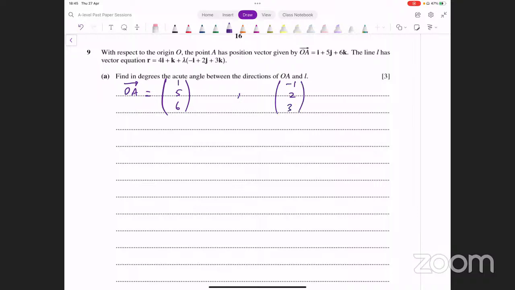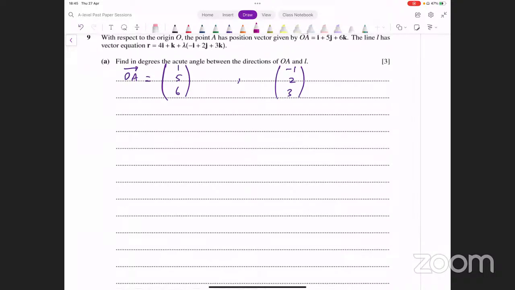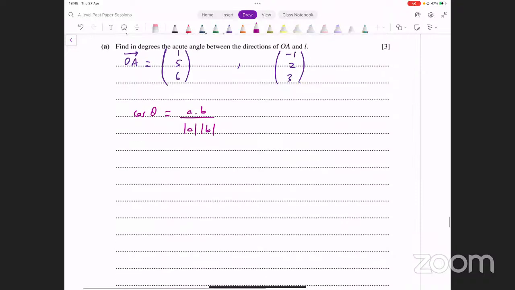Now, how do we find the angle? Vectors में आपके पास एक ही formula होता है angles का, cos of theta equal to a dot b divided by modulus of a into modulus of b. ठीक है, इसके अंदर values input करनी है आपको, simply dot product वो क्या आएगा, 1 into -1 plus 5 into 2, you should show this working, plus 6 into 3.